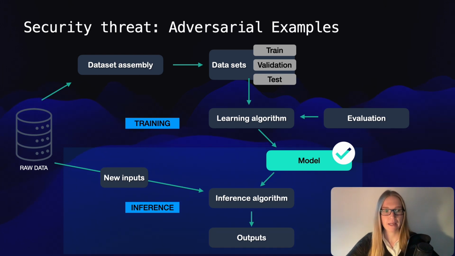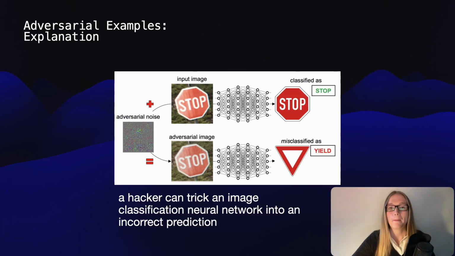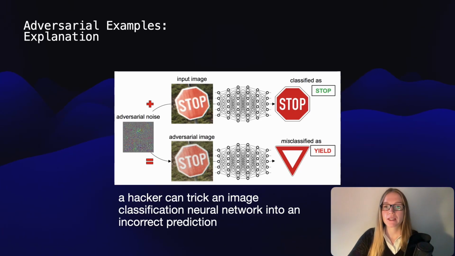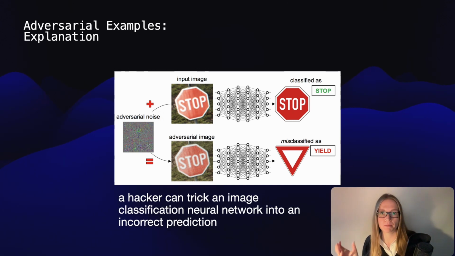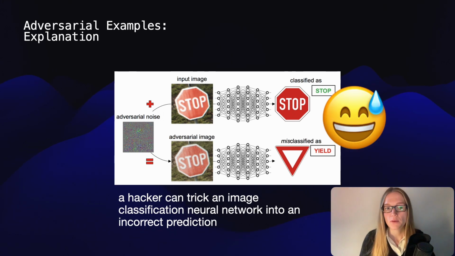Here, the model gets new inputs of data that are compromised with noise, which leads to false predictions in the end. For example, a hacker can trick an image classification neural network into an incorrect prediction by adding adversarial noise. This can cause the neural network to misidentify the image with a high degree of certainty.